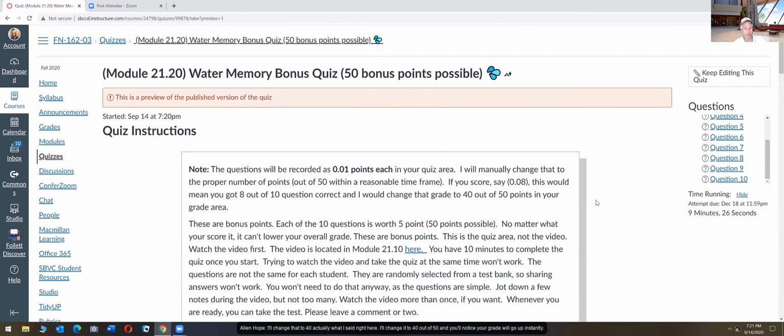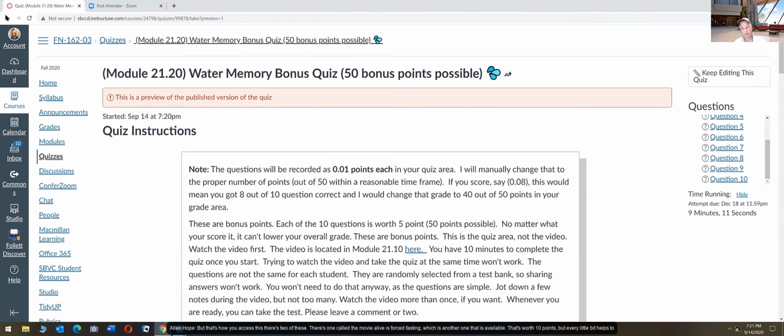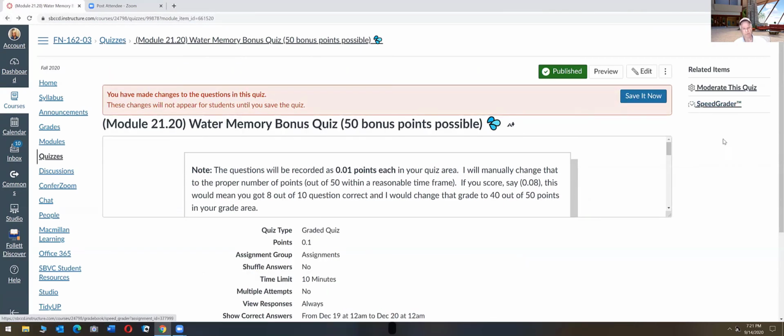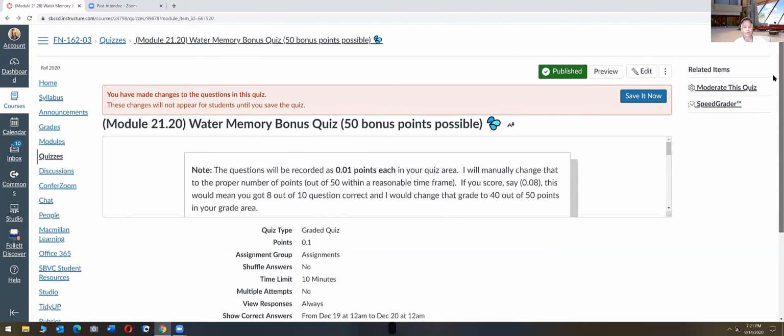Actually, what I said right here, I'll change it to 40 out of 50, and you'll notice your grade will go up instantly. But that's how you access this. There's 2 of these. There's one called the movie Alive, which is forced fasting, which is another one that is available. That's worth 10 points, but every little bit helps too. Okay, does everybody see that?